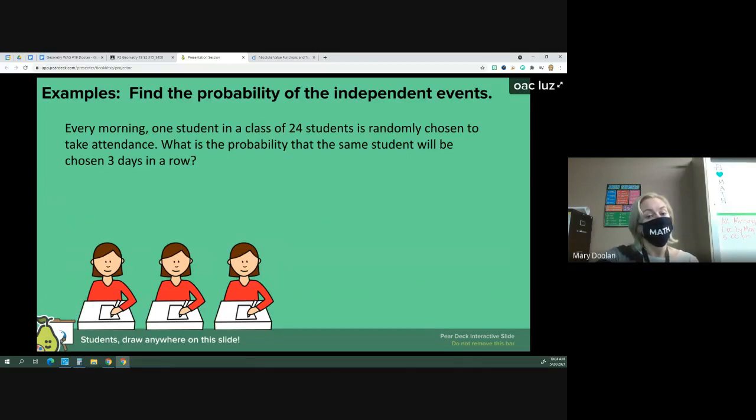All right, the probability of each of these 3 events doesn't depend on the others, they're independent. So because these are 3 independent events, we would use the multiplication rule and multiply the 3 probabilities together. I'm going to show you what this looks like with notation. You don't really have to do the notation on the test, but I wanted to show it to you so you can see it.